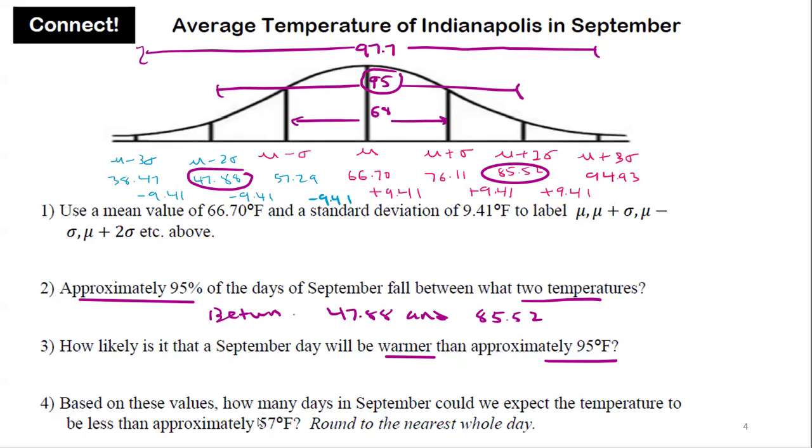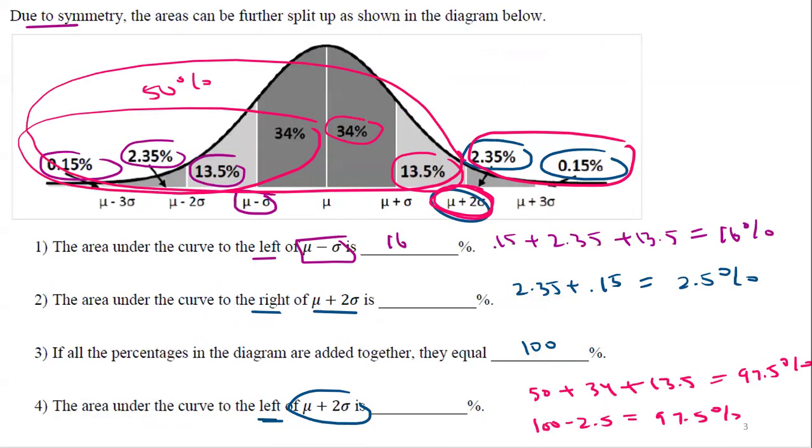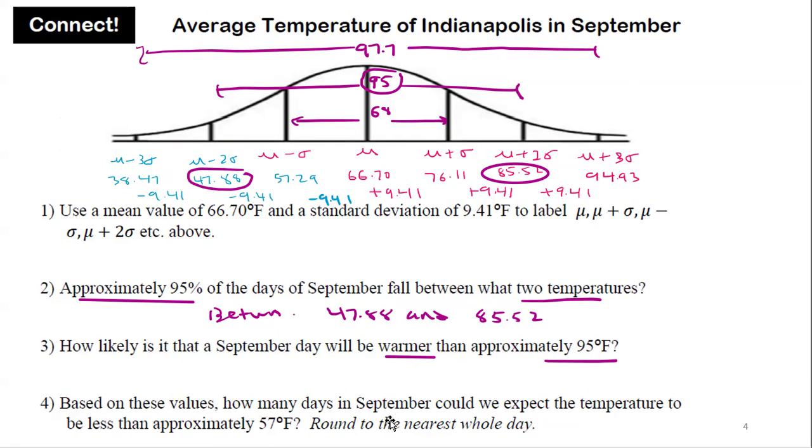If we go back to our previous slide, first of all, let's look at 95 degrees Fahrenheit. The closest we have is 94.93. Again, these are all approximations, so that's the closest we got.